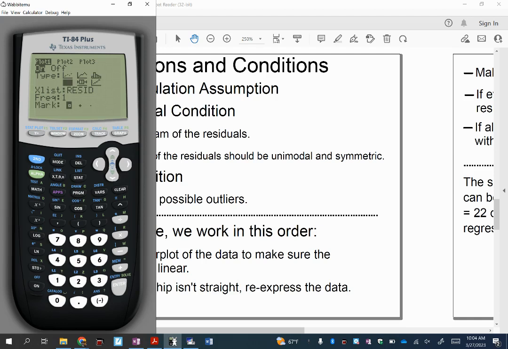I don't want to use residual anymore, so I'm going to do second stat list, and I want that to be list 1. Let's graph that. Don't forget zoom 9.